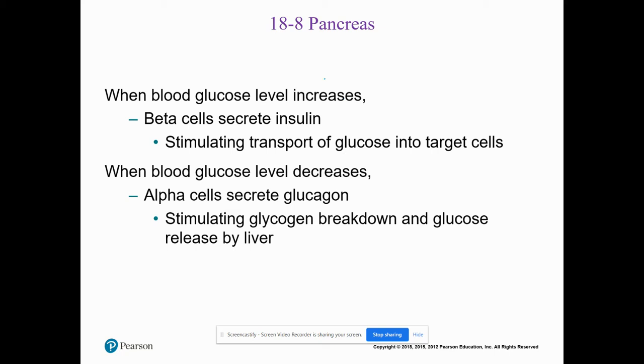Right. So as glucose levels increase, so you just ate, your beta cells are going to secrete insulin. So the B cells, B in cells, are going to stimulate the transport of glucose into your target cells. When you have lowered blood sugar or blood glucose, the alpha cells are going to secrete glucagon.